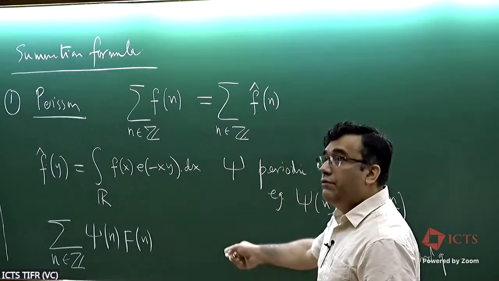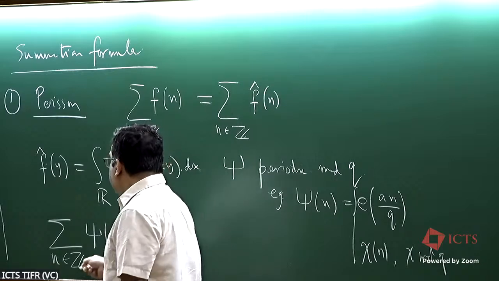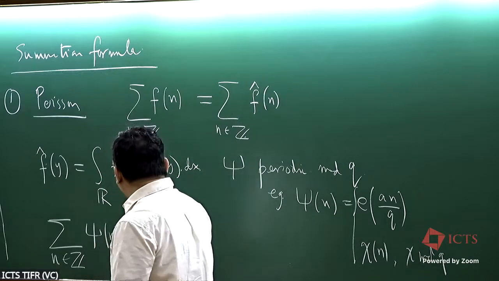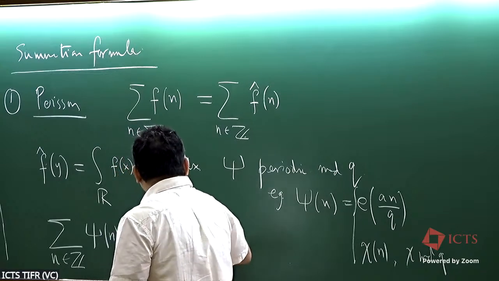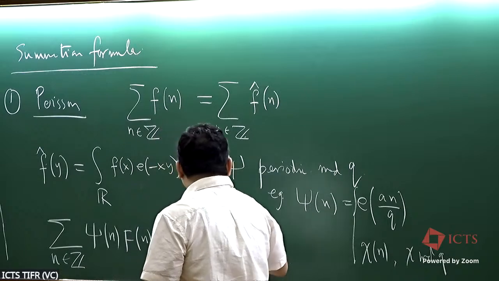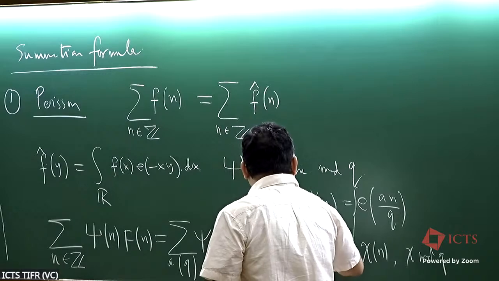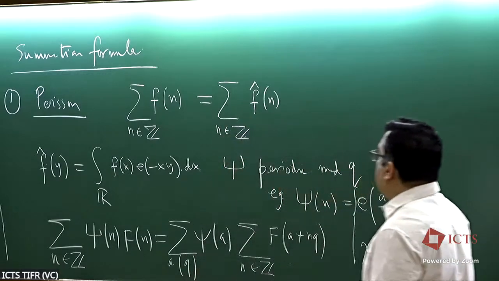Now, if you want to use the Poisson summation formula on this one, you'll first split the sum modulo q, because psi only depends upon what n is modulo q. You'll have a sum over a modulo q, psi(a), and then you have a sum over F(a + nq), where n is over all integers.